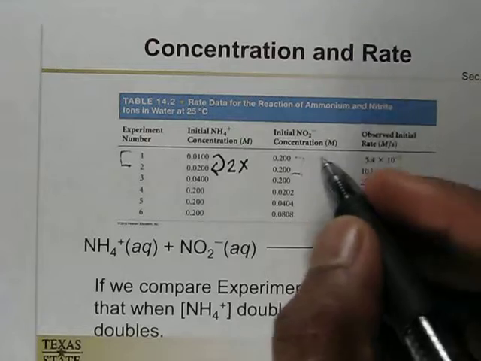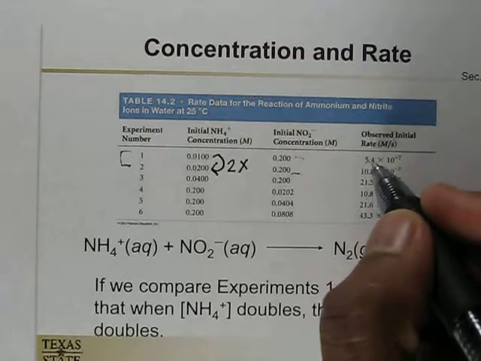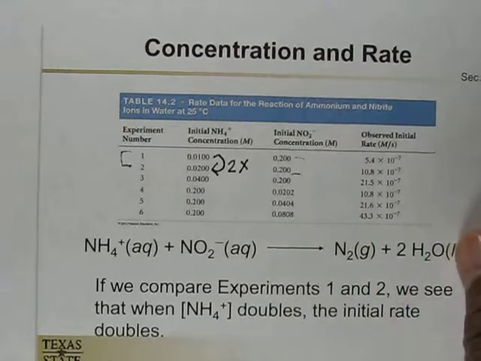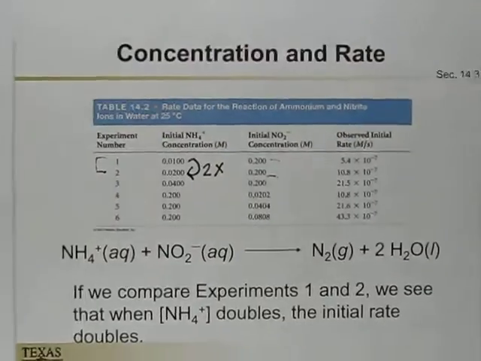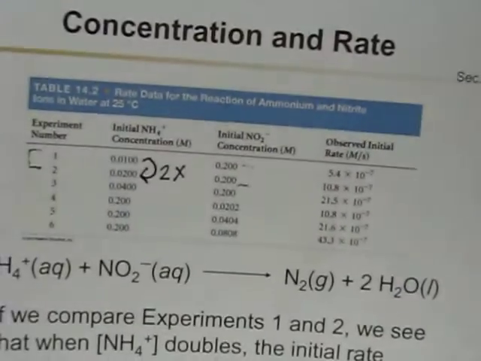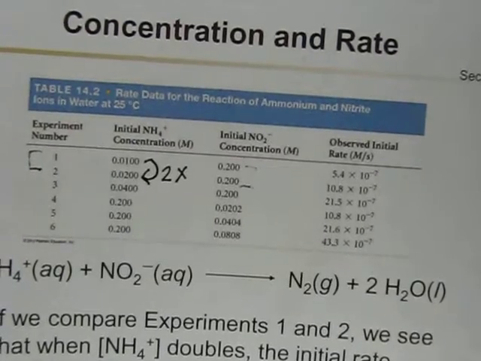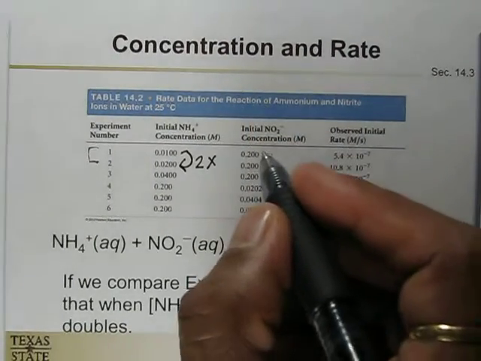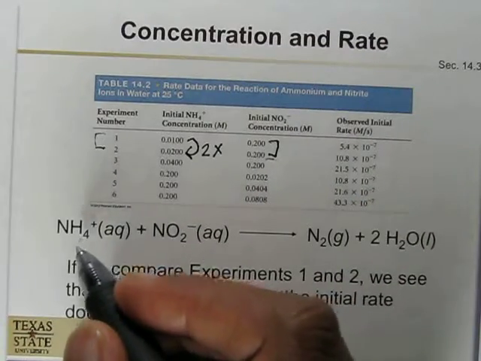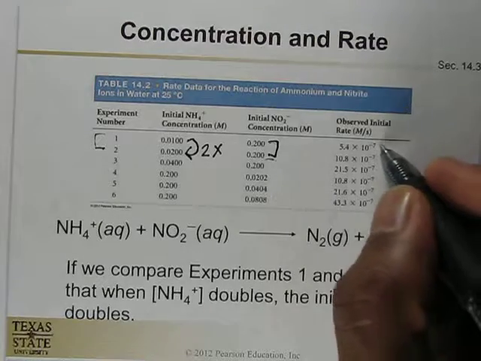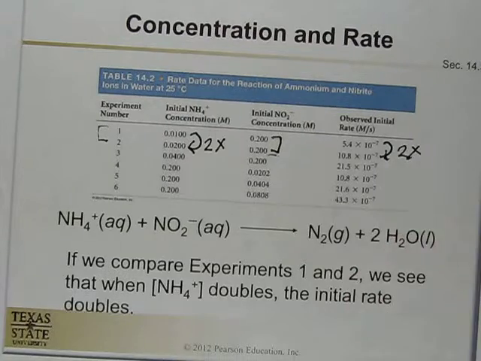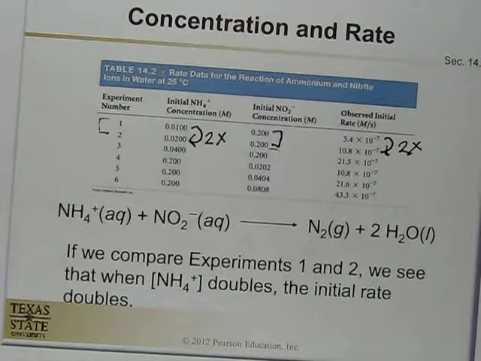Then what will happen to the reaction rate, 5.4 times 10 raised to minus 7 and 10.8 times 10 raised to minus 7. So if we keep one reactant, nitrate ion, constant and just double the ammonium ion, the reaction rate also increases 2 times, right? So this is the information you get from the reaction conditions.